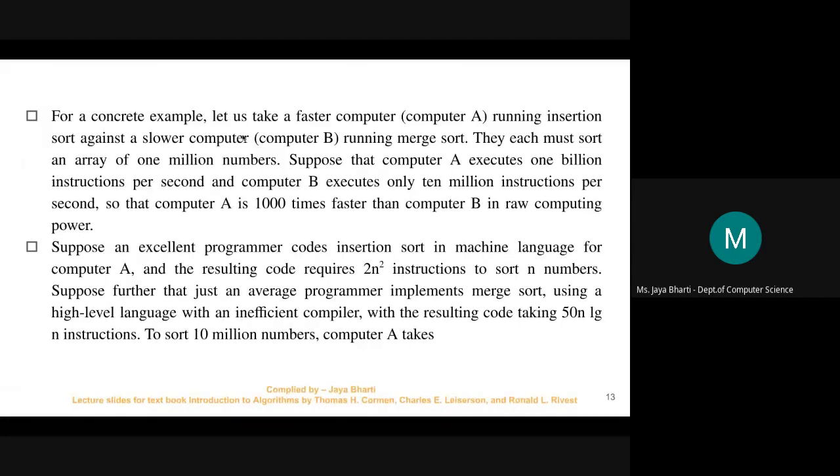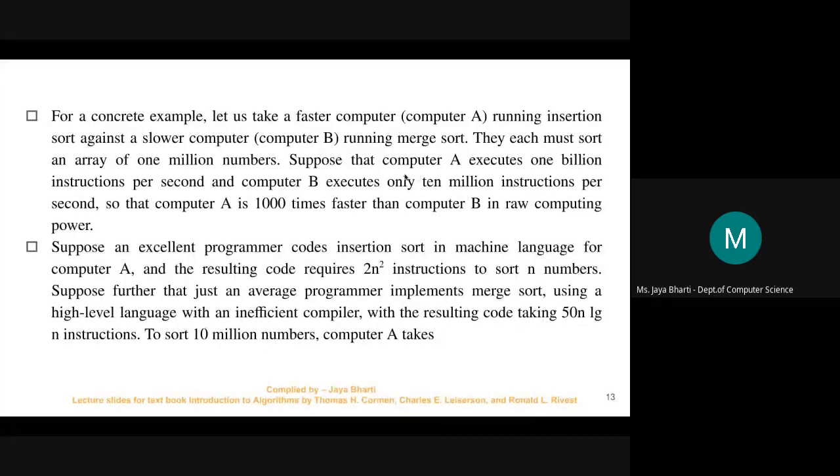Suppose you have a very fast computer, computer A, running the insertion sort, and a slower computer B, running the merge sort. A is running insertion sort and B is running merge sort, and they each must sort an array of 1 million numbers.